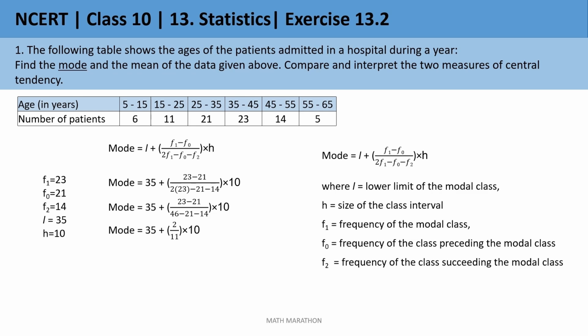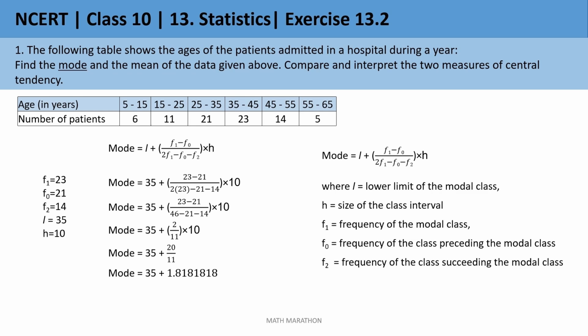In numerator, 23 minus 21 is 2. In denominator, 46 minus 21 minus 14 is 11. Mode is equal to 35 plus 20 by 11. 20 divided by 11 is 1.81818 and so on.